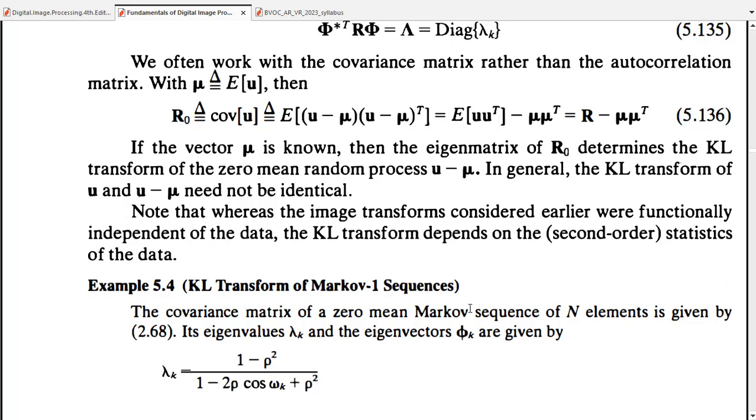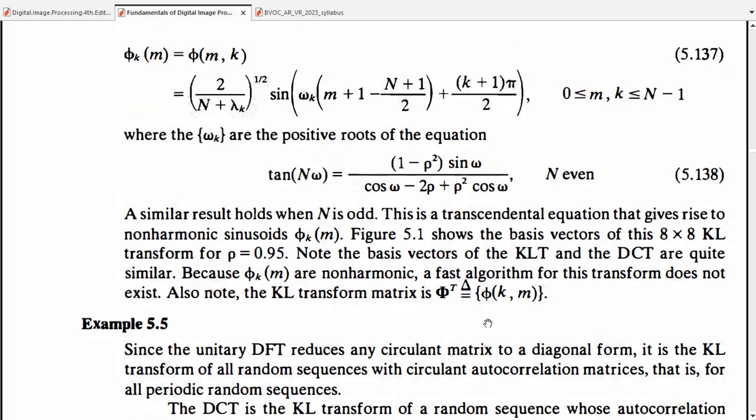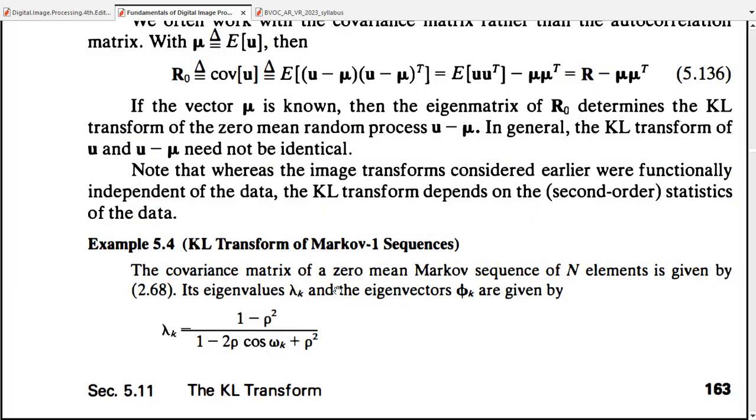Most of the image transformations considered earlier were functionally independent of the data. The KL transformation depends on the statistics, the second-order statistics, of the data. For example, for the KL transformation of a Markov-1 sequence, the covariance matrix of the zero mean Markov sequence of n elements is given by equation 2.68.